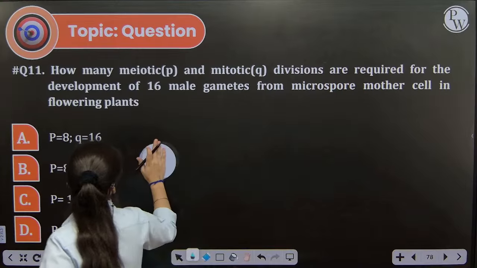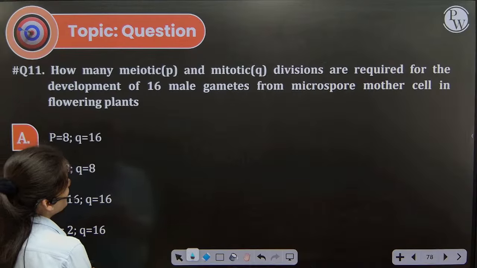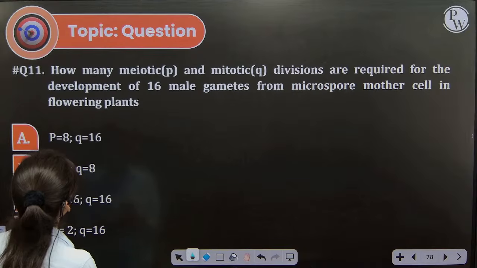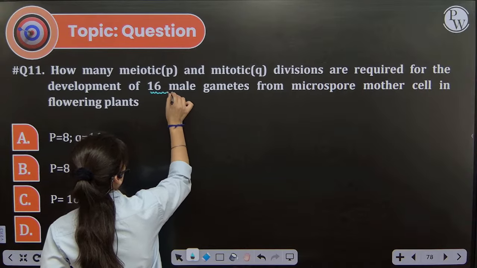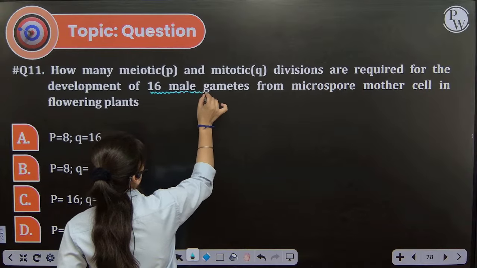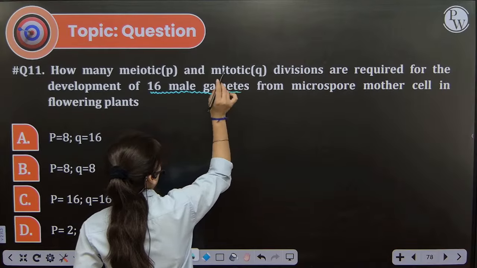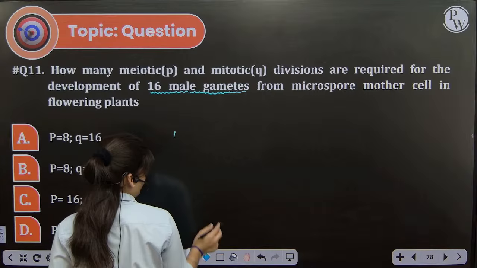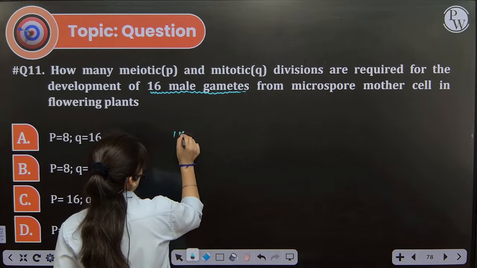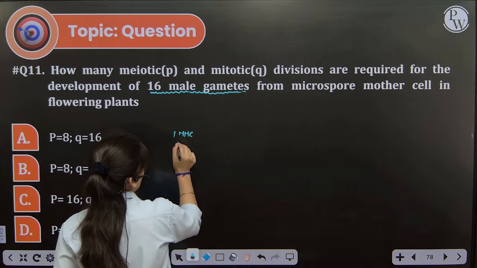What is given? How many meiotic and mitotic divisions are required for the development of 16 male gametes? Okay, let us suppose one microspore mother cell is there.